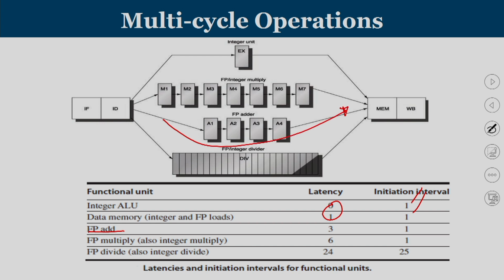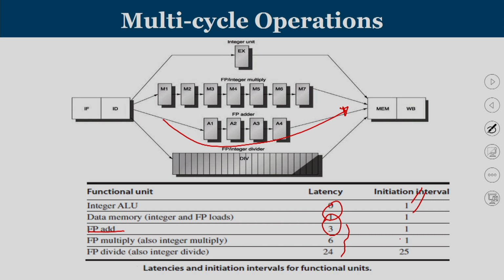If somebody is going to produce a result, the adjacent instruction needs to have a 3 cycle delay, because you have 4 stages, and the adjacent instruction will start 1 cycle later anyway because of the normal pipeline shift. Since I have to wait for 3 more cycles to get the result, we define the latency as 3. Similarly, you get 6 and 24 in the case of floating point multiplication and floating point division.